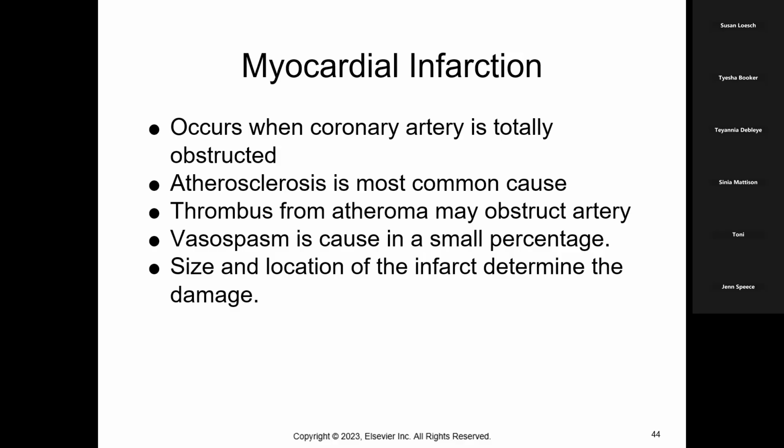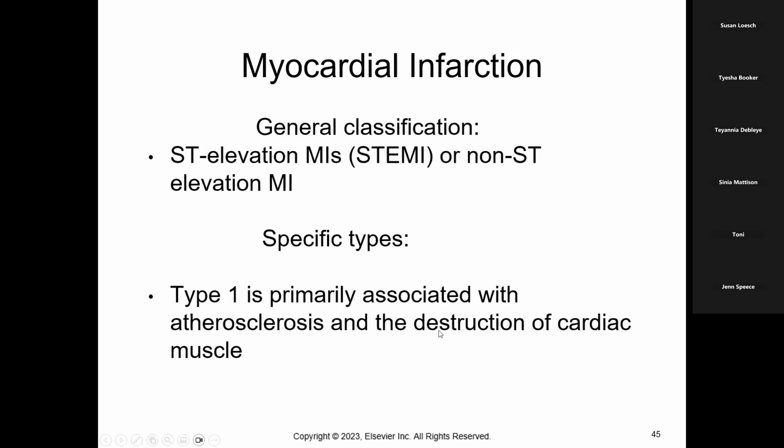So it's classified as either STEMI or non-STEMI. Again, they look at the EKG. Type 1 is associated with atherosclerosis and the destruction of cardiac muscle. There are other types as well.